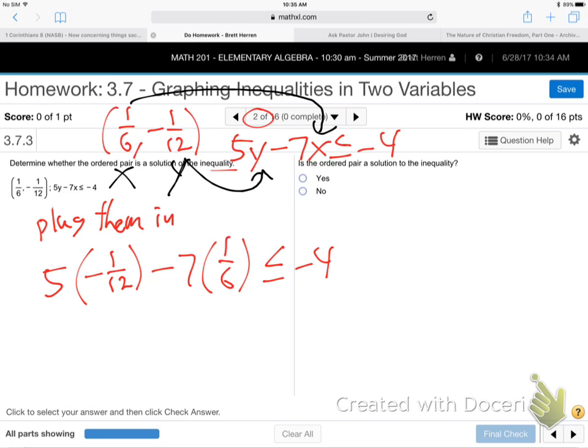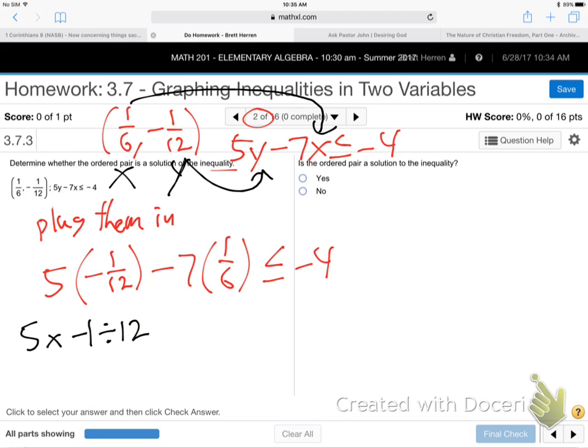Okay, so we get to here. Now, honestly, it's just all numbers. I would just hit the buttons on my calculator. See how it's just all numbers? There's no letters. So if it's just all numbers, just hit the buttons on your calculator. You guys have calculators with you? It'd be good to bring the calculator that you're going to use on the exam every day to class to get used to it. So 5 times -1 divided by 12.